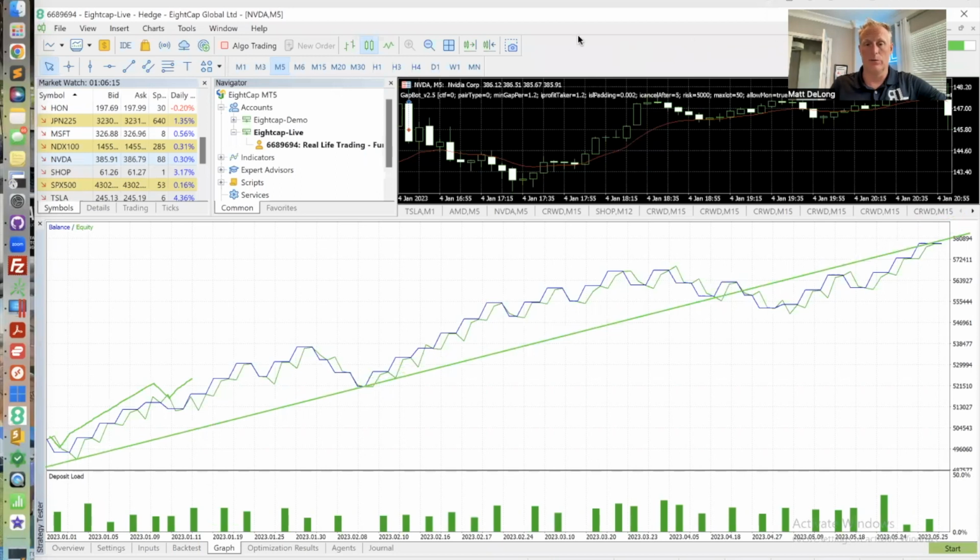Yes, it went sideways for about 2 weeks where it didn't make any new gains. It kind of chopped around, and that's fine. Most strategies have that kind of period where it's not really taking off, which is fine.